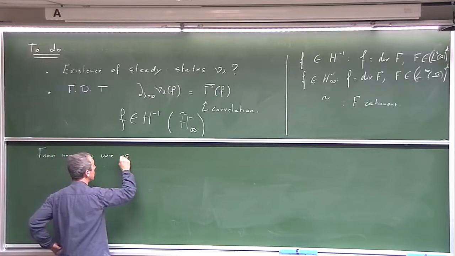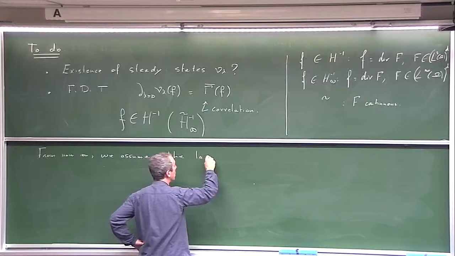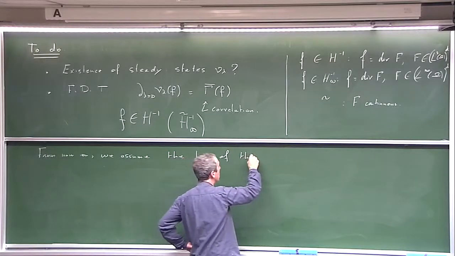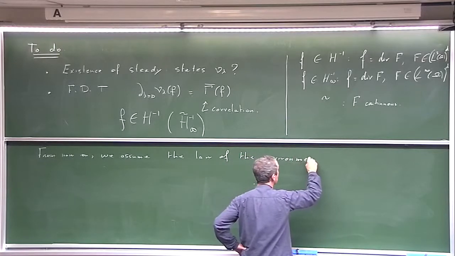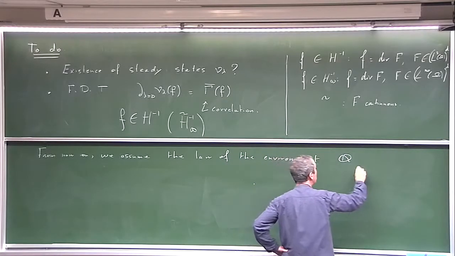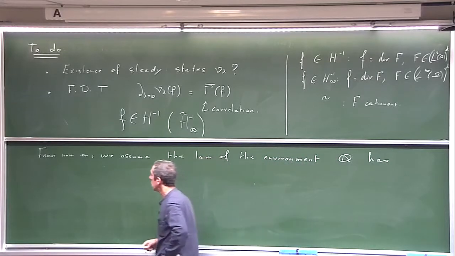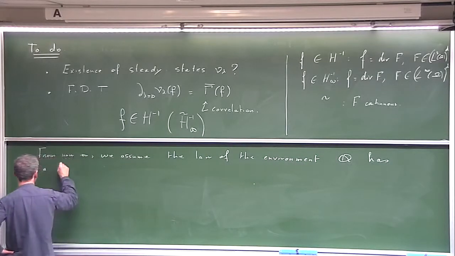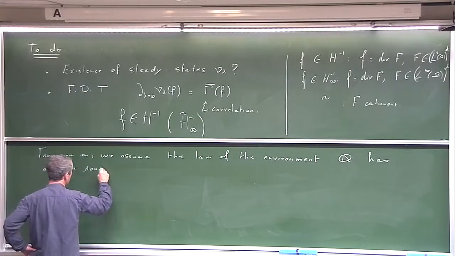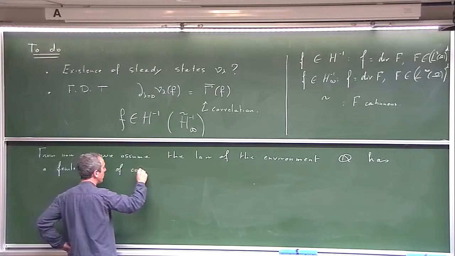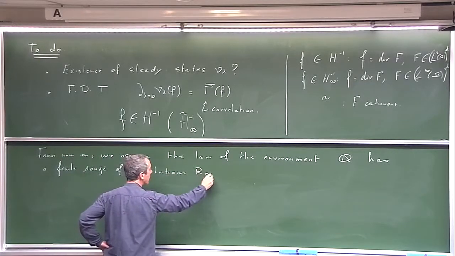We assume, so the law of the environment, this Q, has a finite range of correlation, R0.